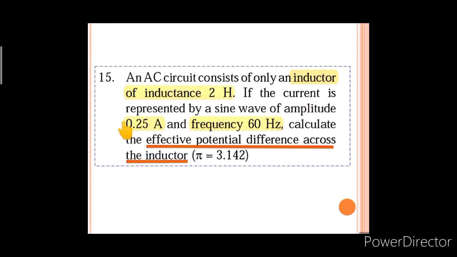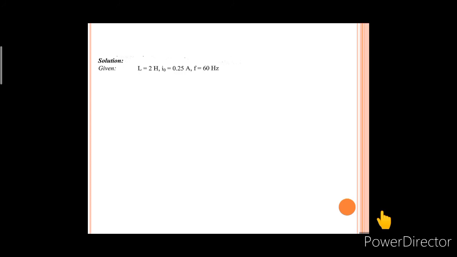The frequency is given as 60 Hertz. We have to calculate the effective potential difference across the inductor. The circuit consists of only an inductor, and we have to calculate the RMS value of E. Let's see the solution.